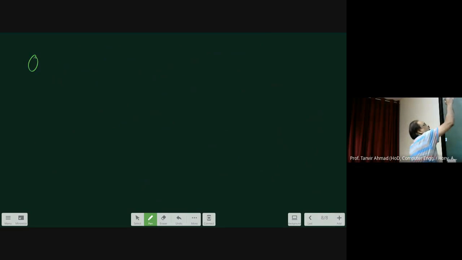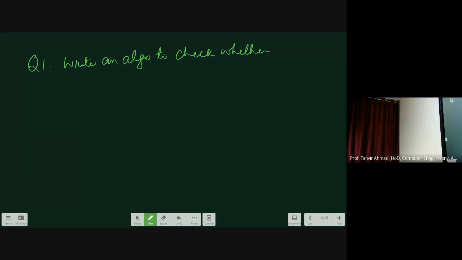Now I give you 2 questions for your practice. Question number 1: write an algorithm to check whether the infix expression is balanced or not.